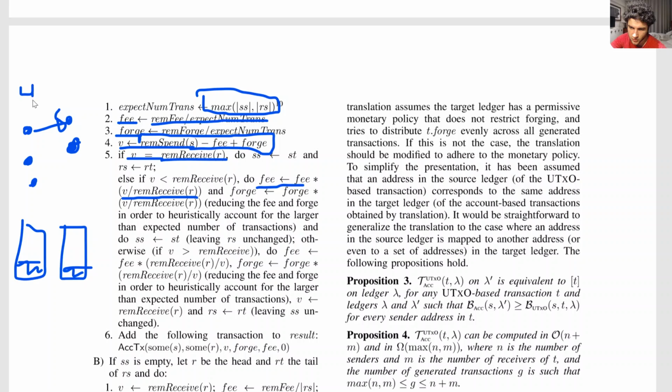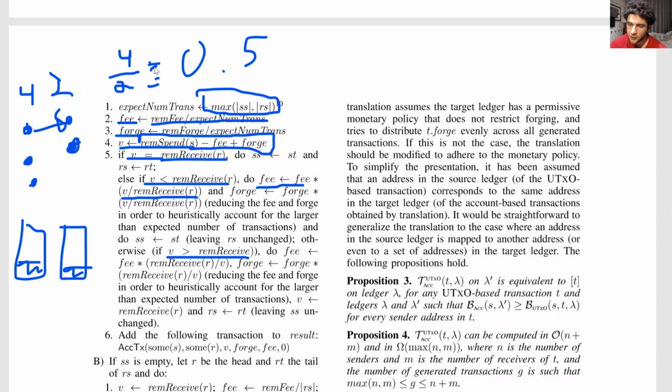So we can do 4 and 2. So basically, what happens is we have 2 cases. One is v is smaller than rem receive, and the other one is v is larger than rem receive. Okay, so essentially what we're saying is that in the specific case I'm drawing here, whenever we sent 2 ETH, then we're left over with 2 remaining, right? So our ratio would be 4 over 2, right? Which is just equal to 0.5, right?